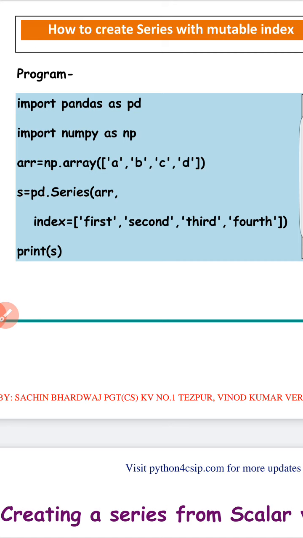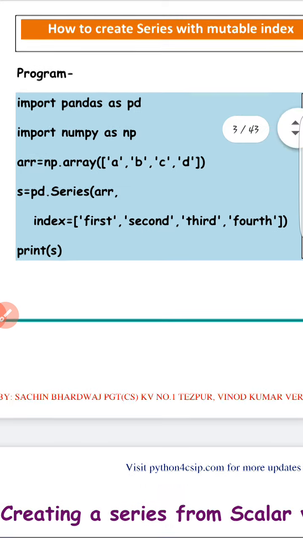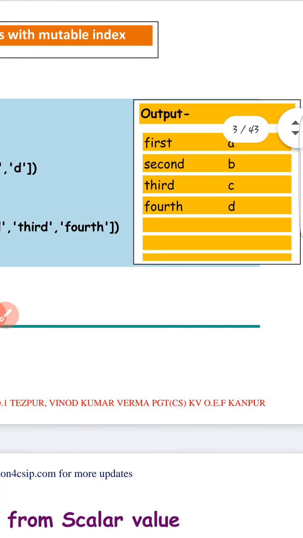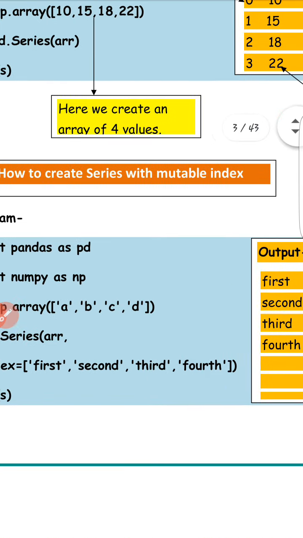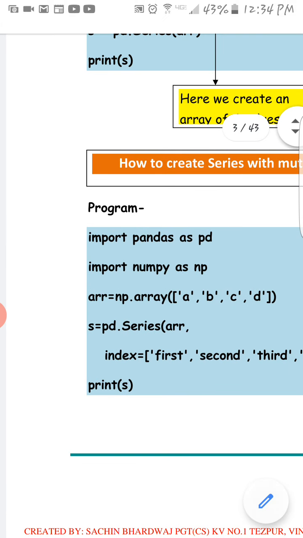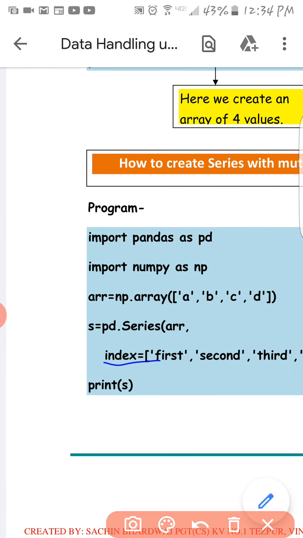Now in your series, this time you will not get index 0, 1, 2, 3, because those were the default index in your last example. This time, while creating the series, you have written index explicitly equal to first, second, third, fourth.